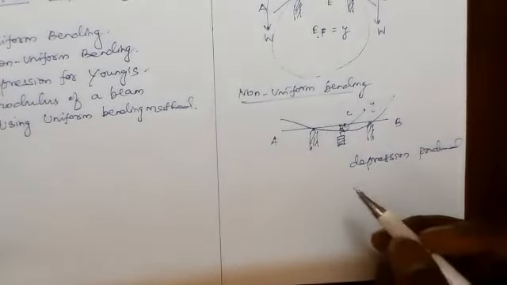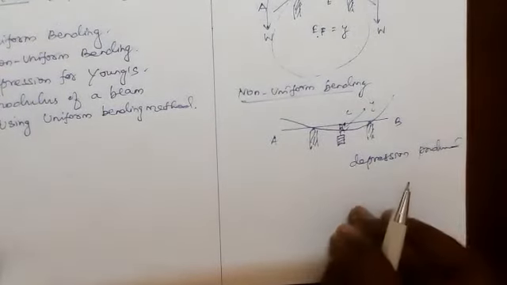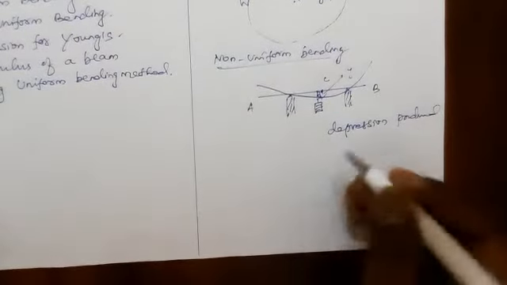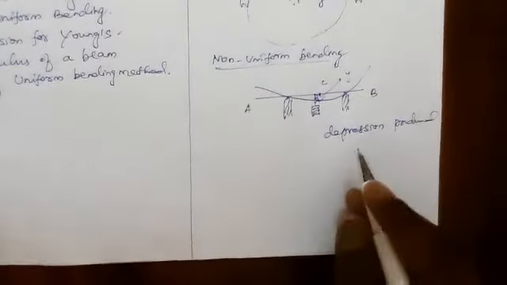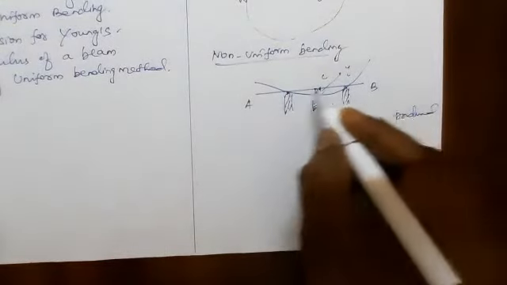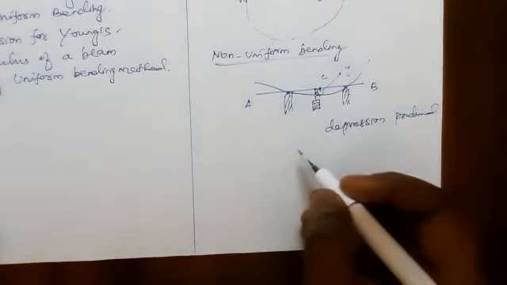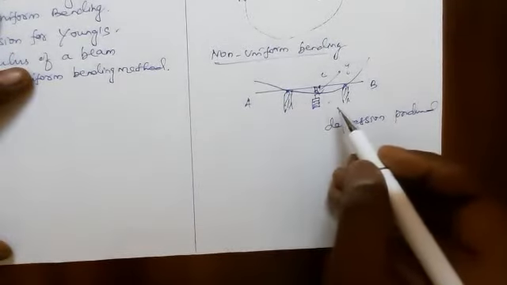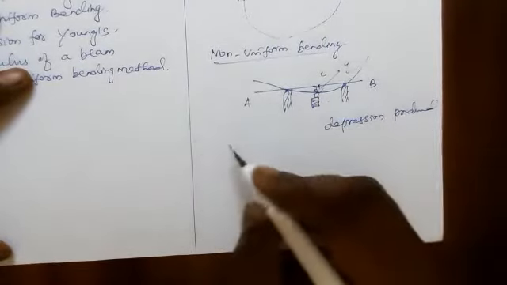This type of bending is known as non-uniform bending. Why do we call this non-uniform bending? Because, look here, the bending of the beam does not form an arc of a circle, and the radius of curvature is not the same for all elements of the beam.